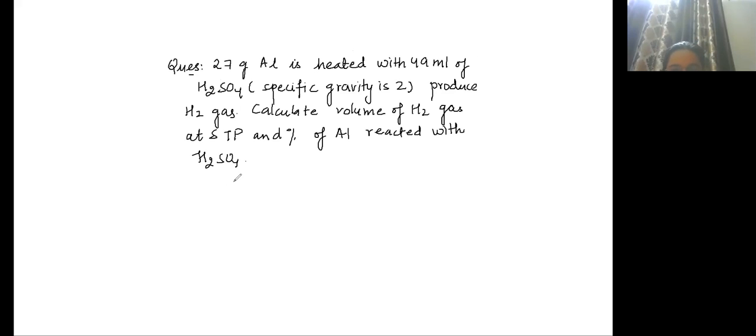And reaction is Al plus H2SO4 gives Al2(SO4)3 plus H2. So first thing, try to balance this reaction. After that, try to solve this and tell me what answer will you get.